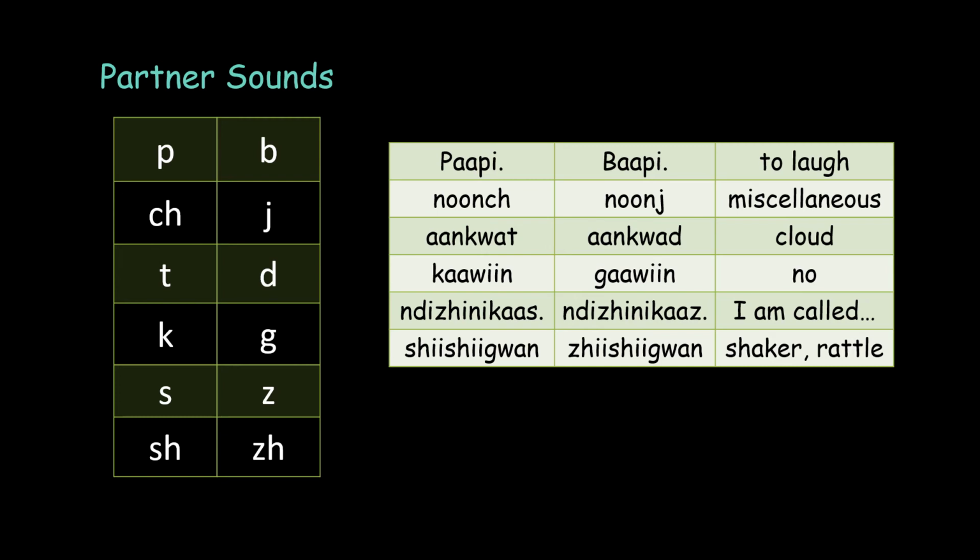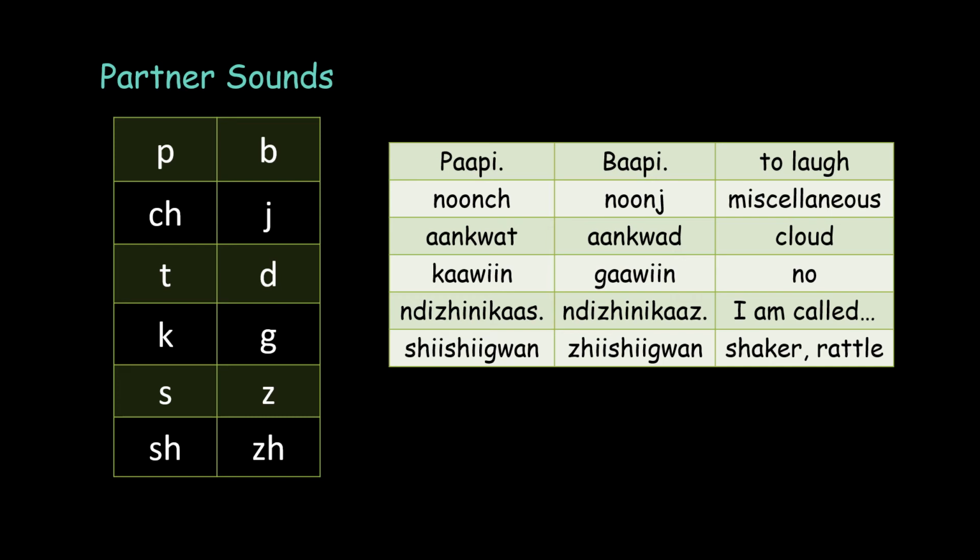Now let's look at some partner sounds. These are some of the alphabet in Ojibwe that are very similar to each other. They may be called hard and soft consonants. The hard consonants are on the left and the soft consonants are on the right. They are also referred to in linguistics as voiced and voiceless, and they are also called strong and weak.